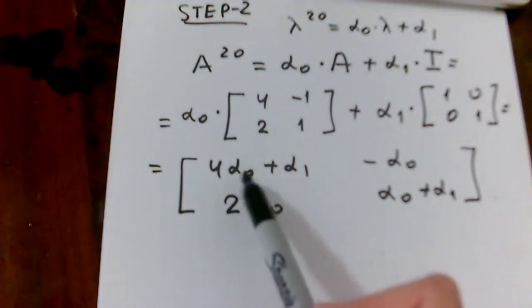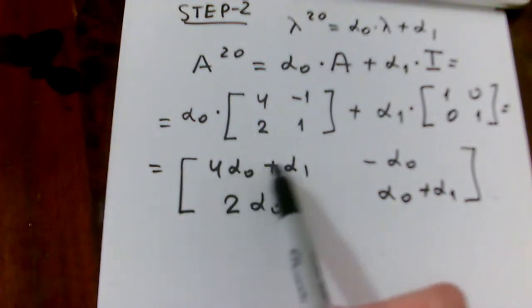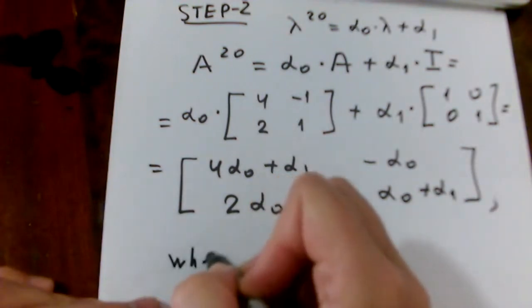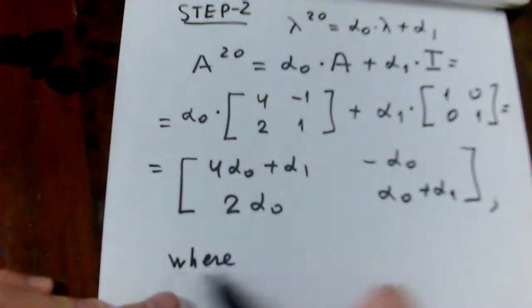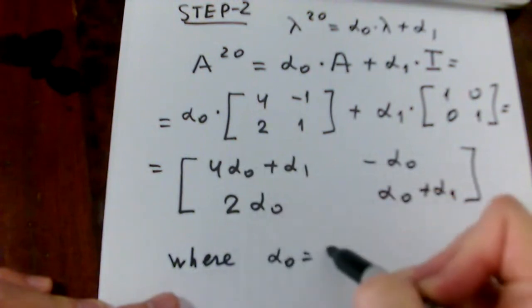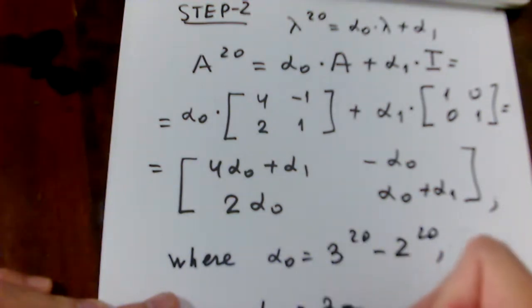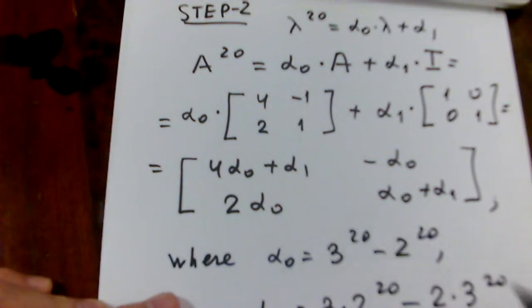This is our solution. I feel sort of lazy to substitute these big expressions for alpha 0 and alpha 1. You can do it like this: this will be our answer, where alpha 0 you can rewrite here as 3 to 20 minus 2 to 20, and alpha 1 is equal to 3 times 2 to 20 minus 2 times 3 to 20.